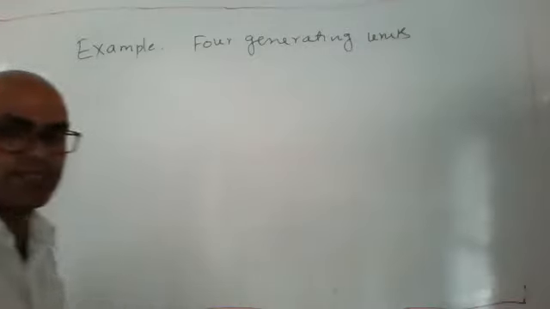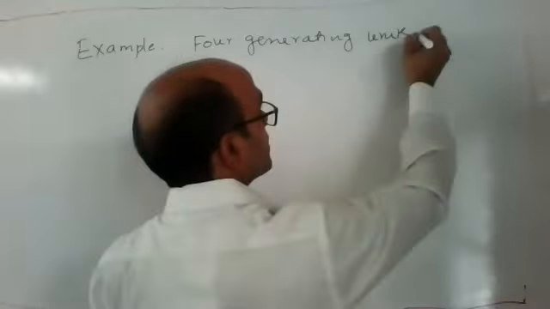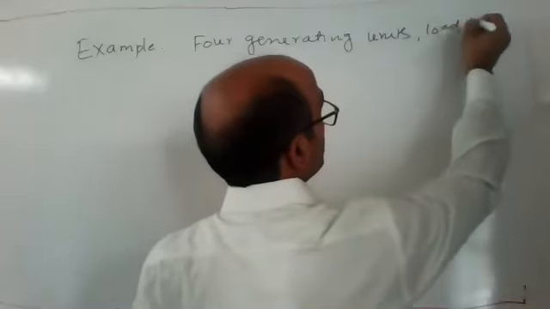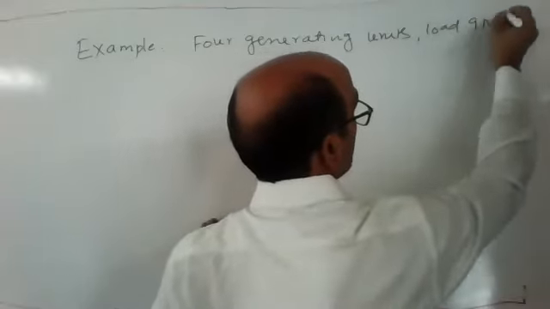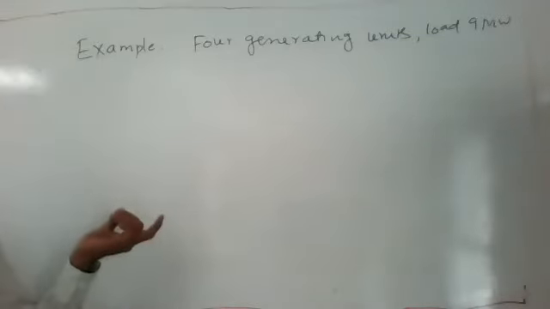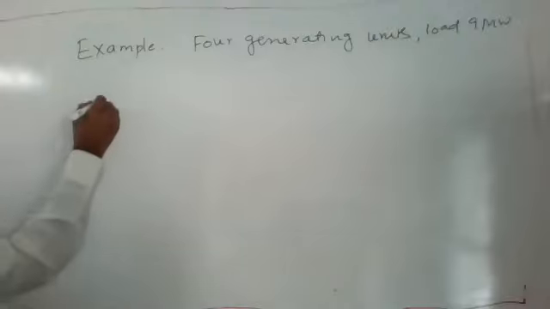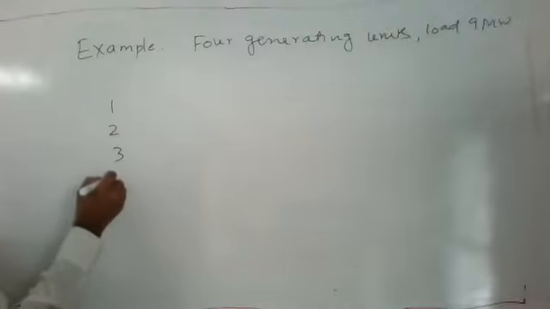There is a certain load demand, let us say the load demand is 9 megawatt, which we need to satisfy. For satisfying 9 megawatt load, we have 4 generating units: first, second, third, fourth.